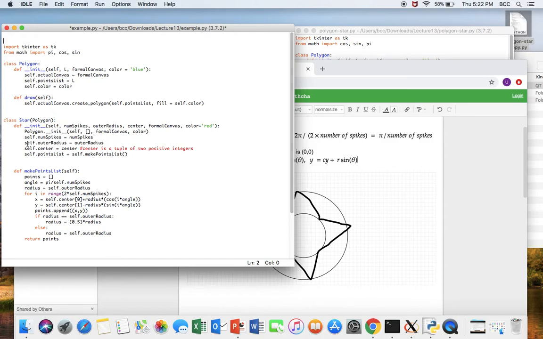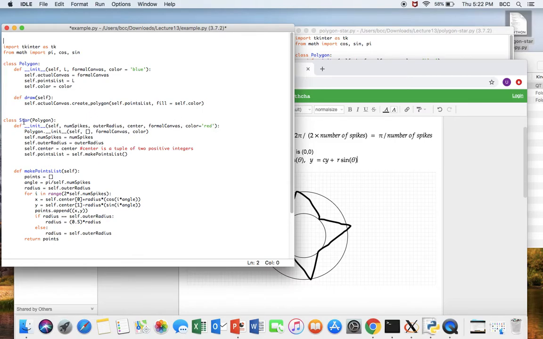Okay, and then number of spikes, this is additional information. Outer radius is additional information for a star. Center is also important additional information. And points list, you don't have points. Nobody gave you points. They gave you number of spikes.